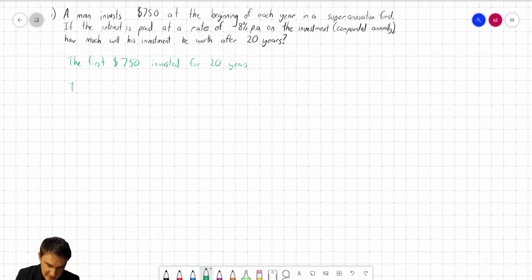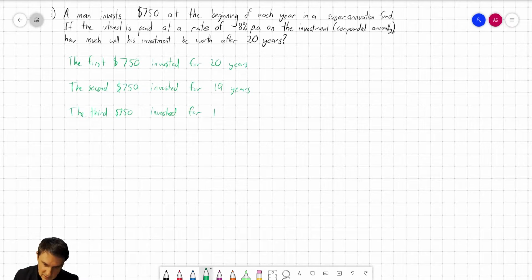That means the second $750 is invested for 19 years. And we've also got the third $750, invested for 18 years. Now, we need to work out an equation for each of these.